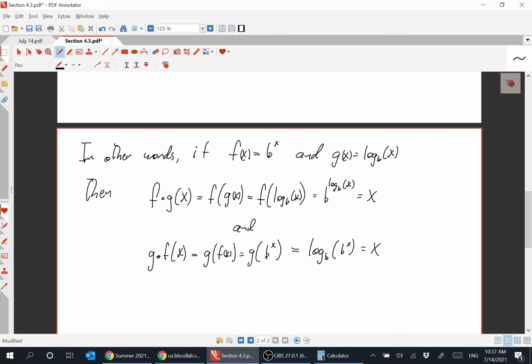So what are we saying about the exponential function with base b and the log function with base b? What's their relationship if their compositions are always just x? What are we saying about those two functions, f and g, the exponent and the log? Are they equal? Not equal, but what's the relationship, starts with I?